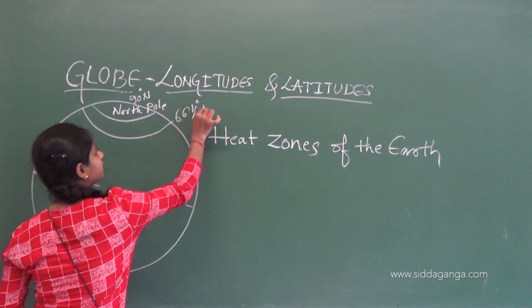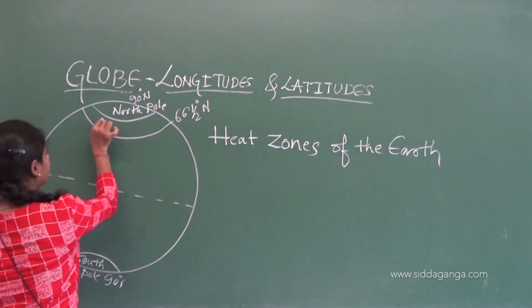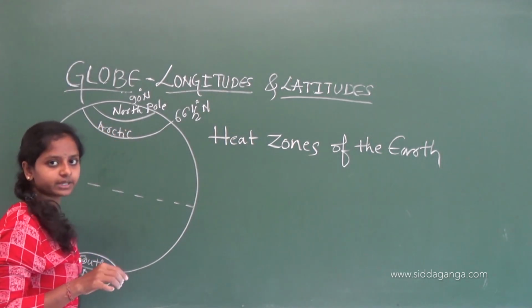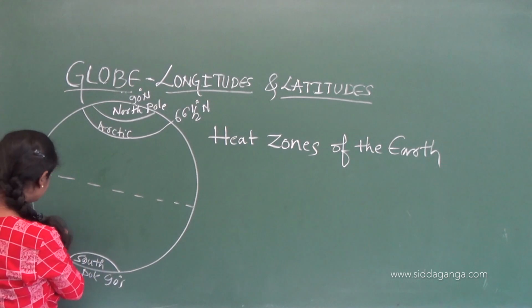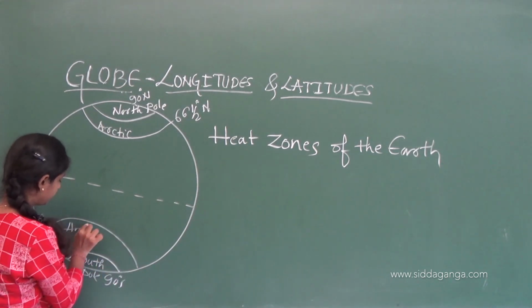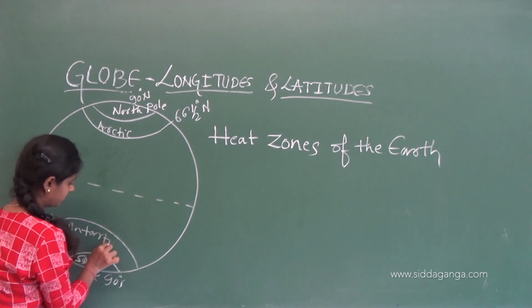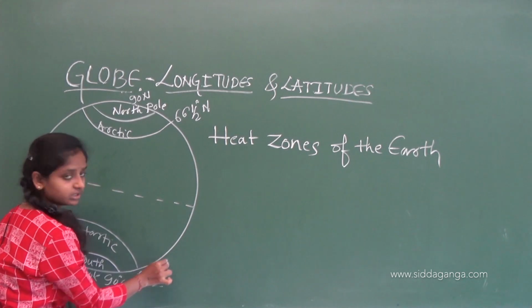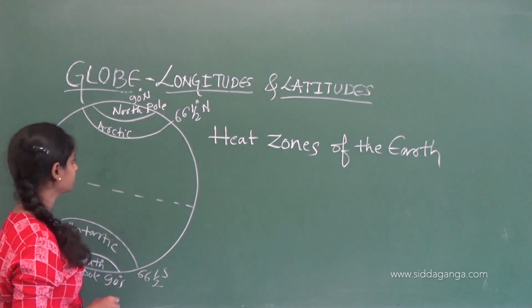66.5 degrees to the north. And in the same way, here we see the Antarctic Circle, which is 66.5 degrees to the south.